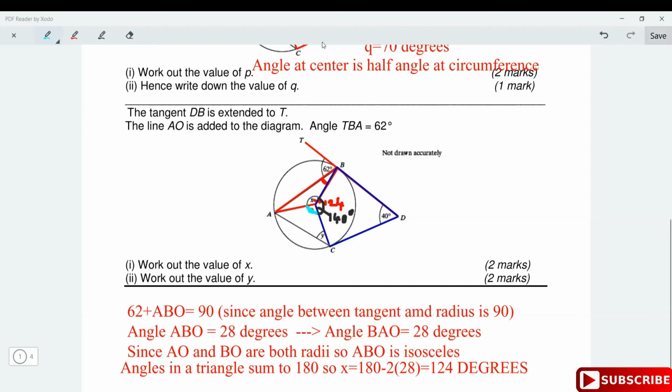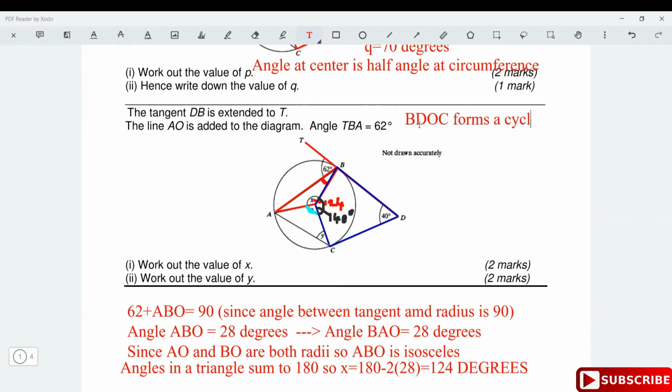So you can tell them that BDOC forms a cyclic quad. Since it forms a cyclic quad, we can tell them angle BOC is equal to 140 degrees.